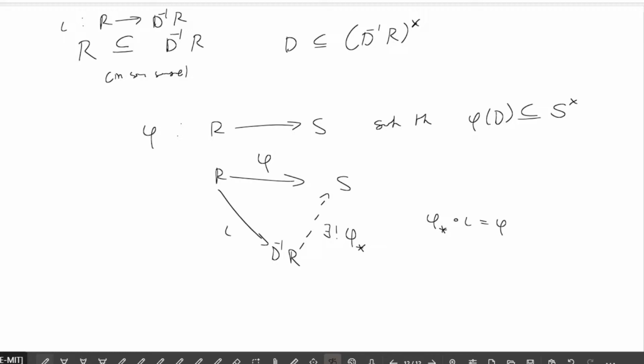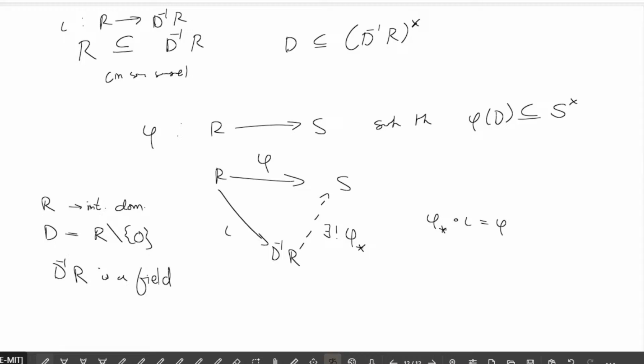Now, the particular case where R is commutative, suppose R is an integral domain. You can take D to be all the non-zero elements of R. Then D inverse R will be a field, because you know that D is contained in the group of units, but here D is all the non-zero elements, so all the non-zero elements of R will become units.